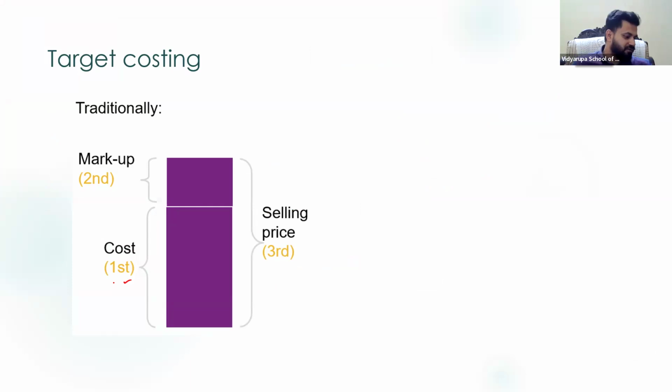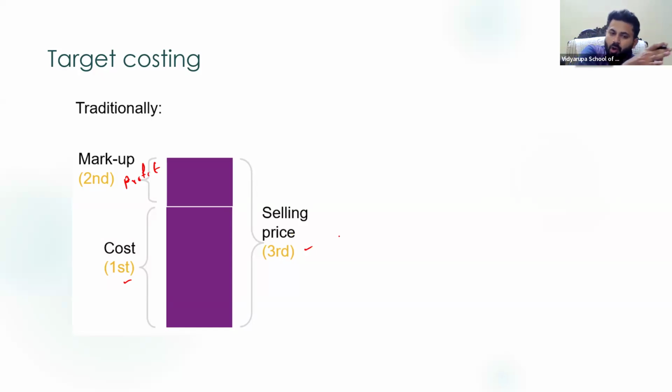Cost basically refers to the expense incurred to manufacture a product or to deliver a service. So a company typically will calculate the cost of their product, and to that they will add the profit they want. Markup here refers to the profit the company desires. They'll get the selling price, which is the third one.